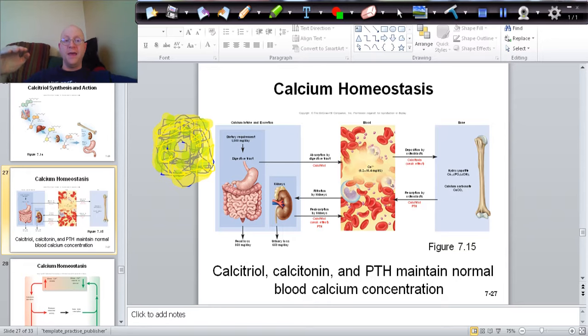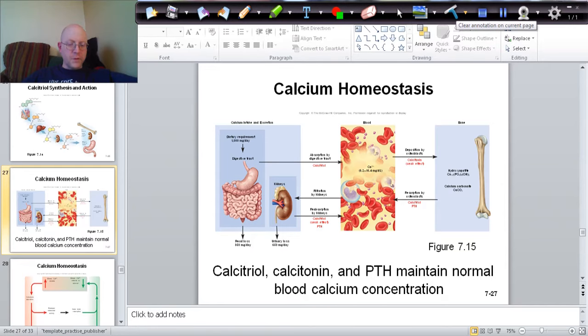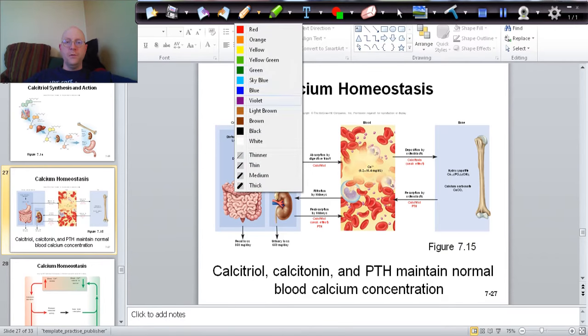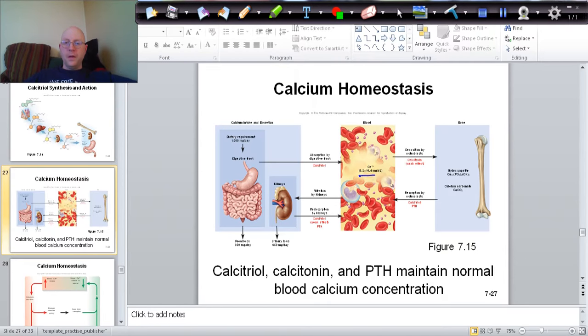And you must have blood calcium above the solubility product in order for calcification of osteoid tissue to occur. Right? So the solubility product is actually measured at this value here, right here. Calcium levels must be 9.2 to 10.4 milligrams per deciliter of blood. That's our solubility product. If we're below that, no bone ever gets made.